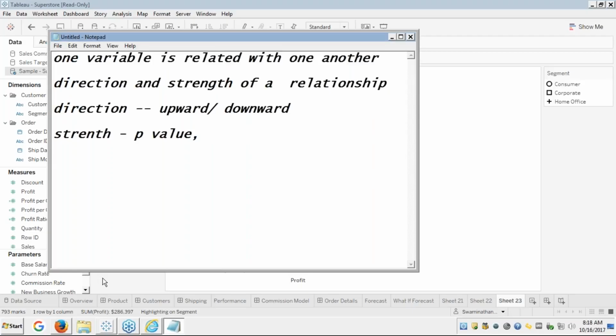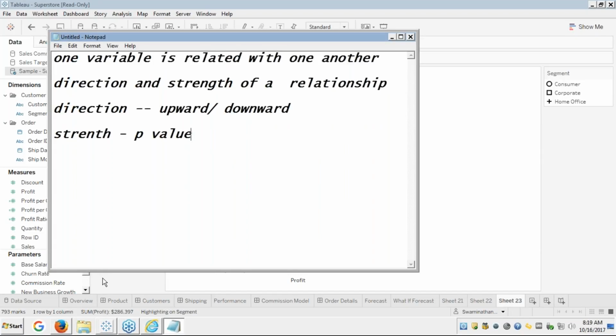So we saw about that, and we also saw about the trend equation. Trend lines help us find out where exactly the relationship is going on and what the percentage is. I also told you about the strength of the relationship between two variables, which is basically determined by the p-value.